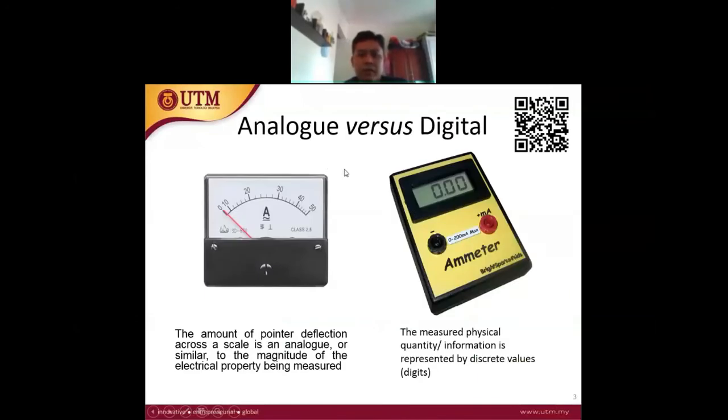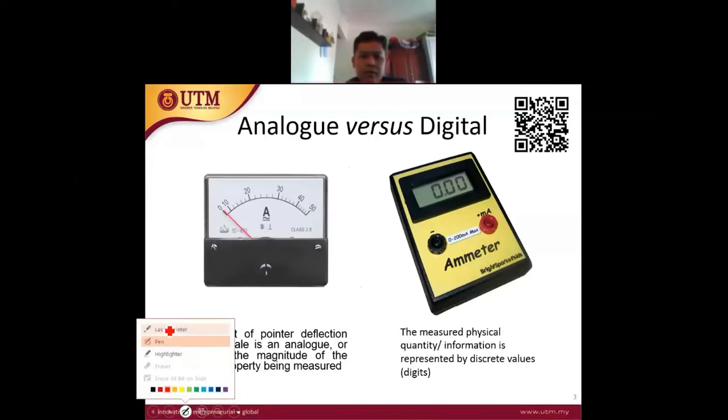Okay, so what's the difference between analog and digital? For an analog device, the amount of deflection is analog, meaning that it continuously changes over time. The value can be related to a linear deflection of a needle. Okay, this is an example. You see the picture, an example of an ammeter.